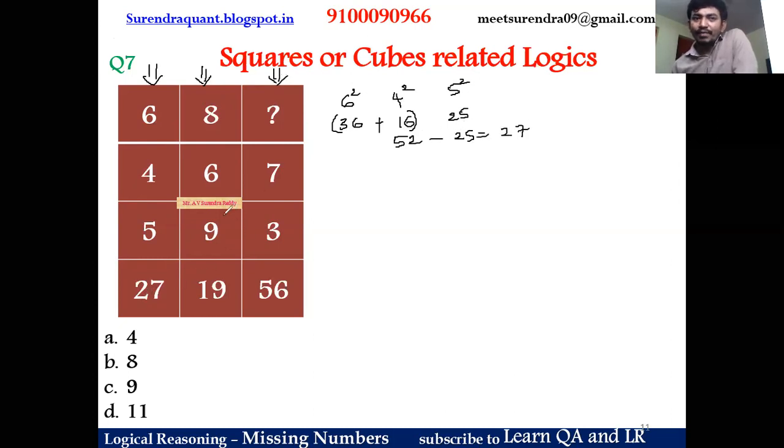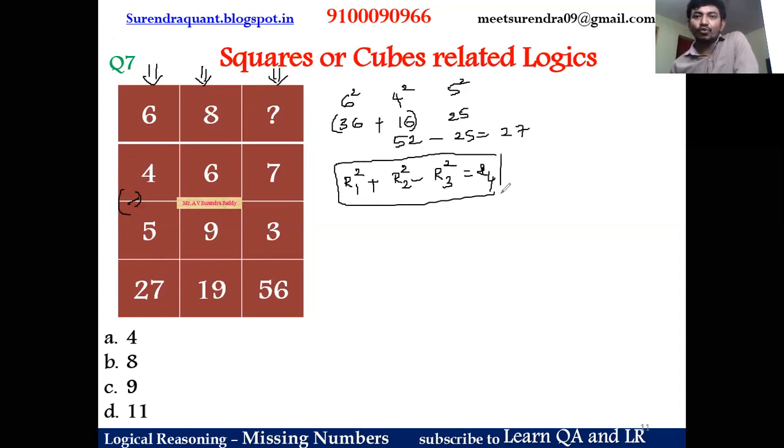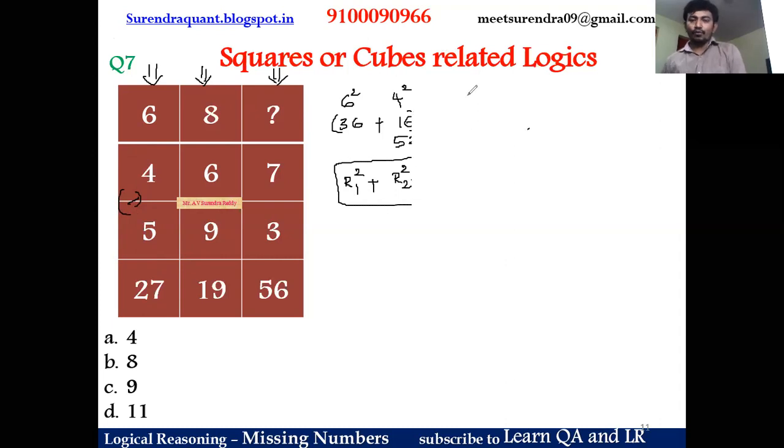What I mean to say is that when I square these and take the difference, you get this number. I mean, R1 square plus R2 square minus R3 square is R4, where R1 is row 1, R2 is row 2, R3 is row 3, R4 is row 4.